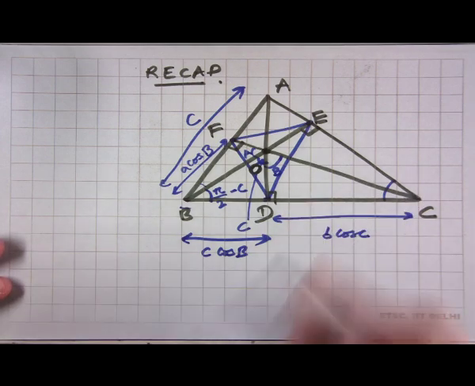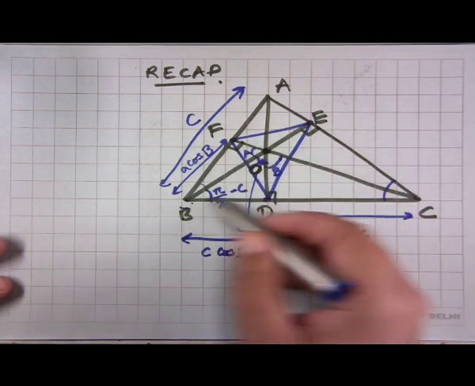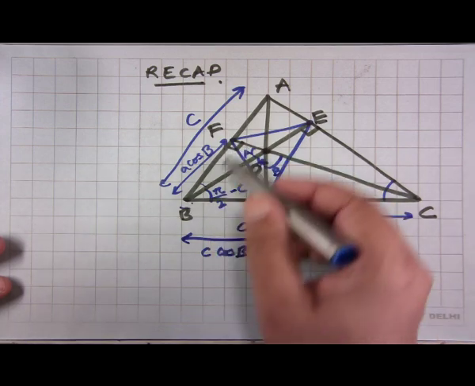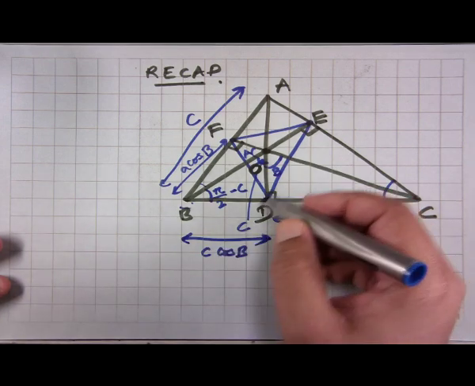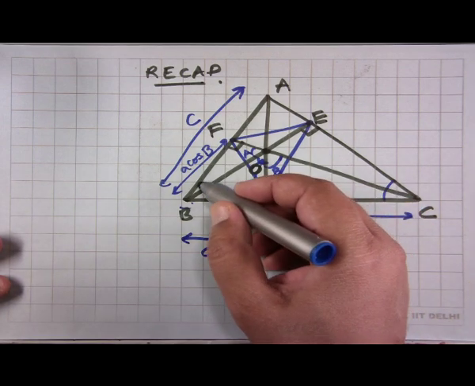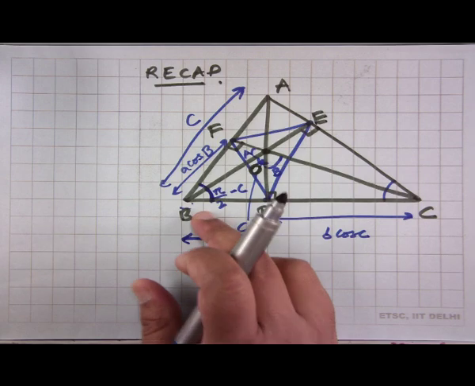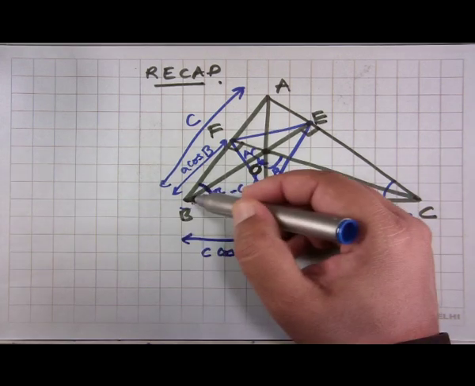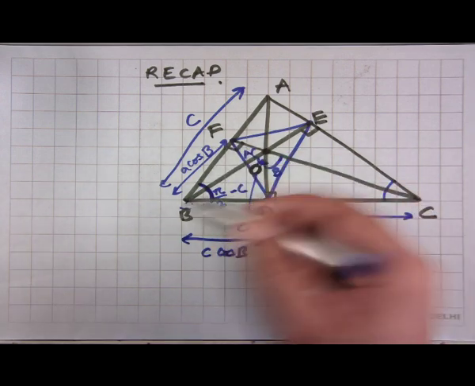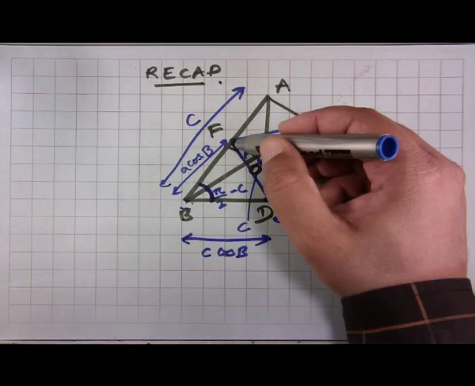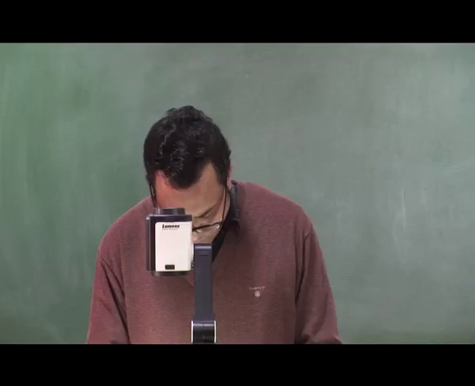And if we now focus on this triangle BFD, then it is not very hard to show, because we already know that this entire angle is B, and we know the two sides of this triangle BFD, that we can calculate the length of this remaining side FD by using the cosine law.